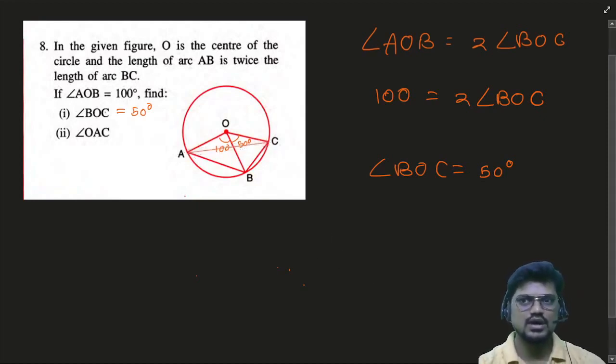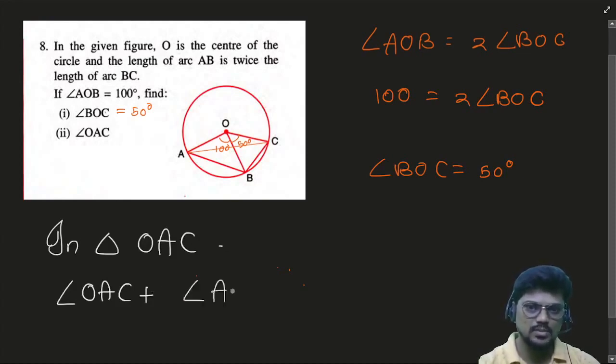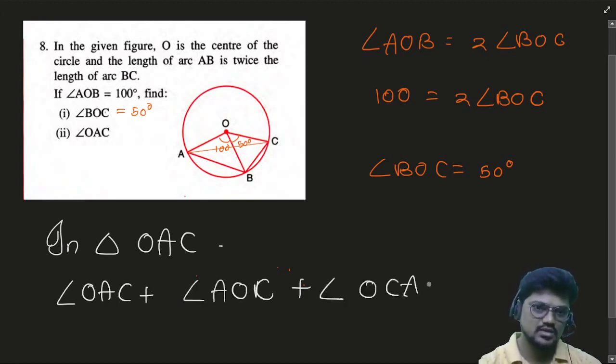Now again, in triangle OAC, what all things do we have? Angle OAC plus angle OCA plus angle AOC will be equal to 180 degrees.